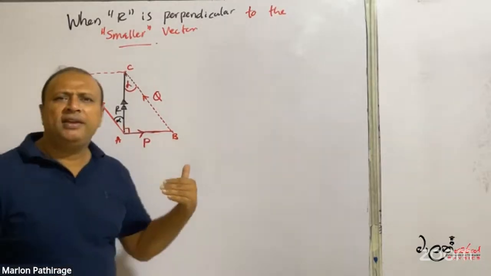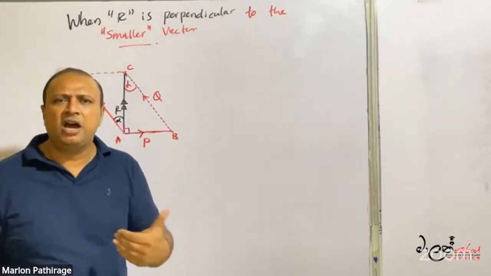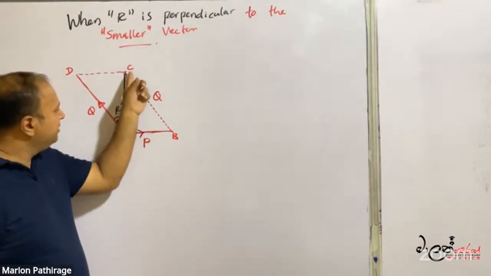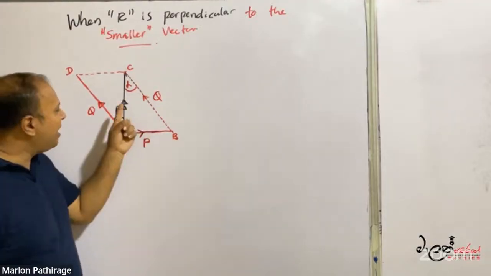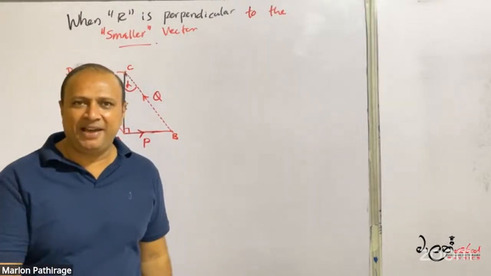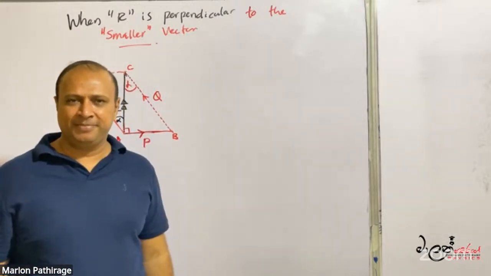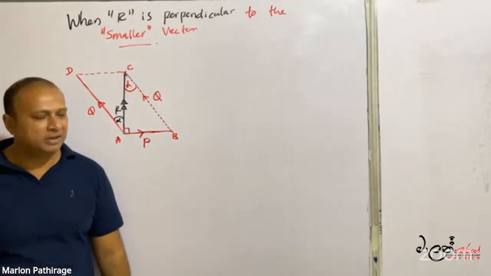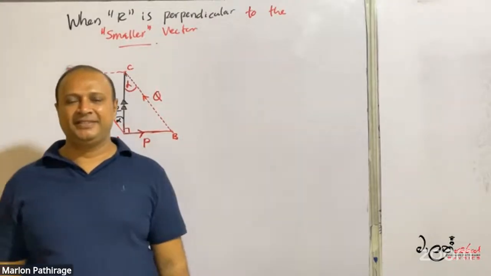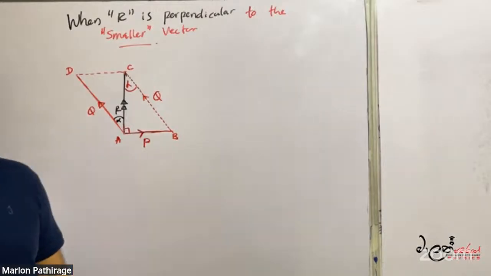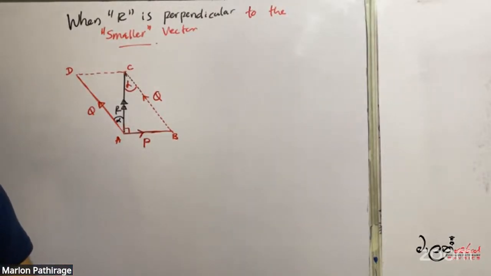Now, if you can understand this geometrical figure, how to determine R? This side is P, this side is Q. How to determine R? Propose me a solution, a method.